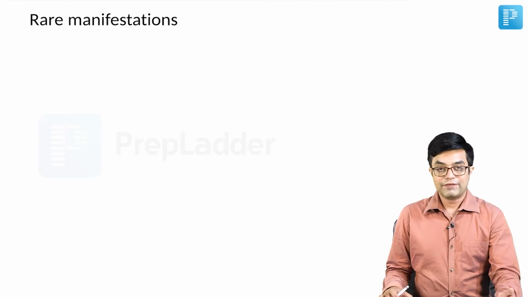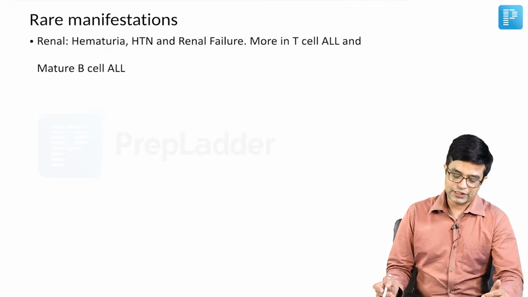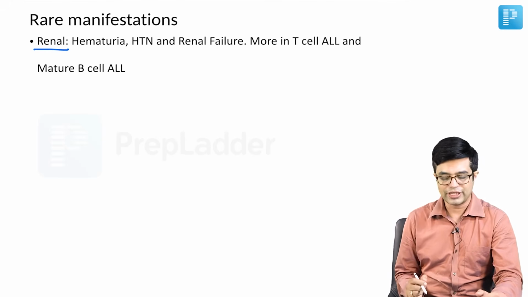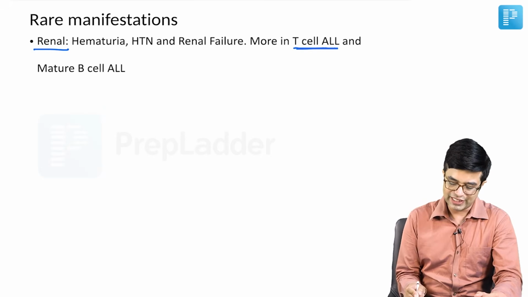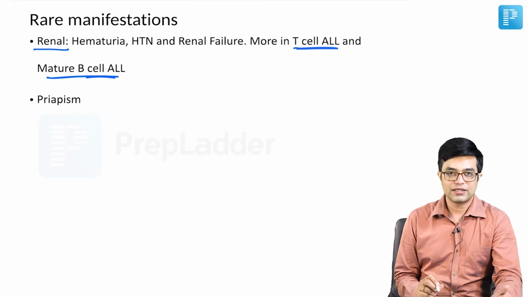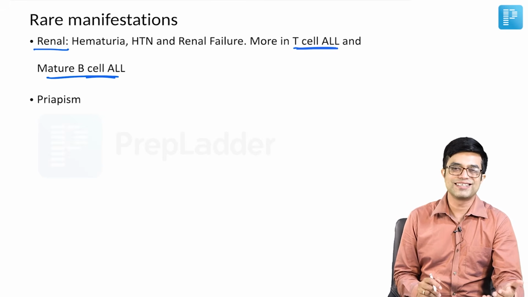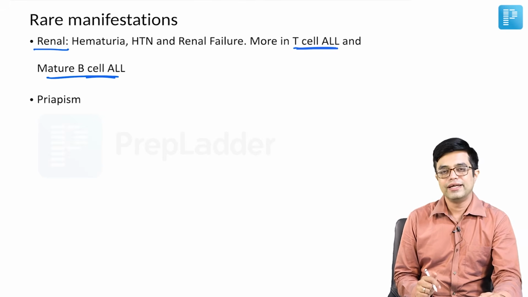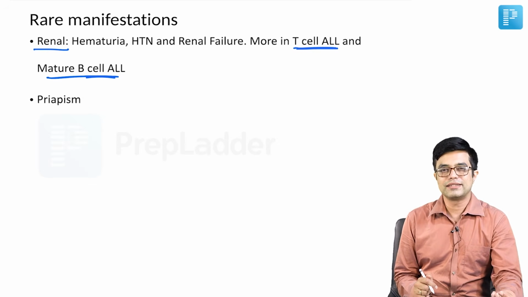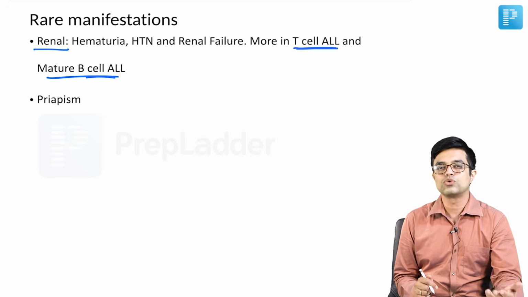Now, what are the rare manifestations you can find? Their manifestations will be in the form of renal involvement, which can cause hematuria, hypertension and renal failure. They will be more common in T-cell ALL and mature B-cell ALL. Priapism can occur. Priapism is a painful, sustained erection in a male child. It can commonly occur due to clumping of the blast cells in the corpora cavernosa.